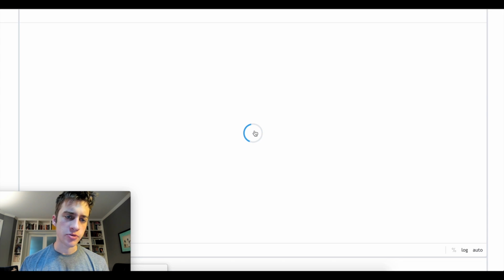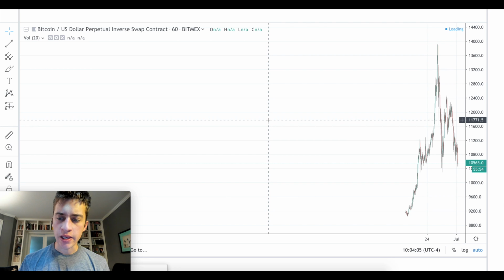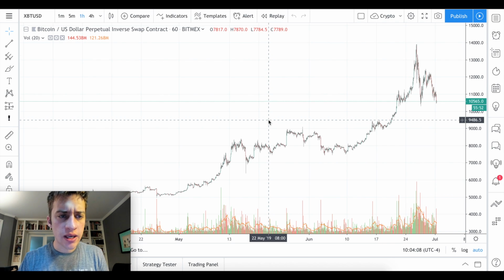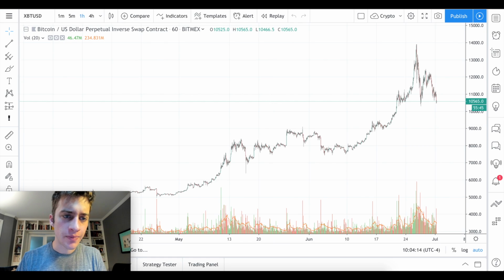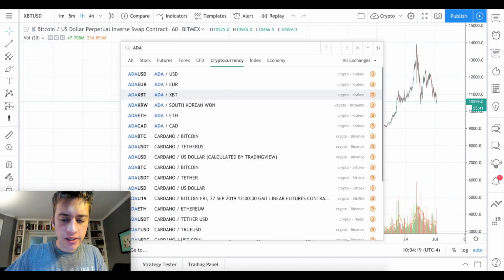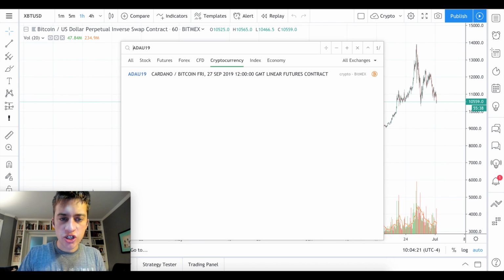What you can do, and a little thing that some traders like to do, is let's say, hey, I want to trade ADA U19, but I don't really know how big of a trade I'm taking if I trade 100,000 ADA. What you can do is go to ADA U19, but enter in your position size before it.